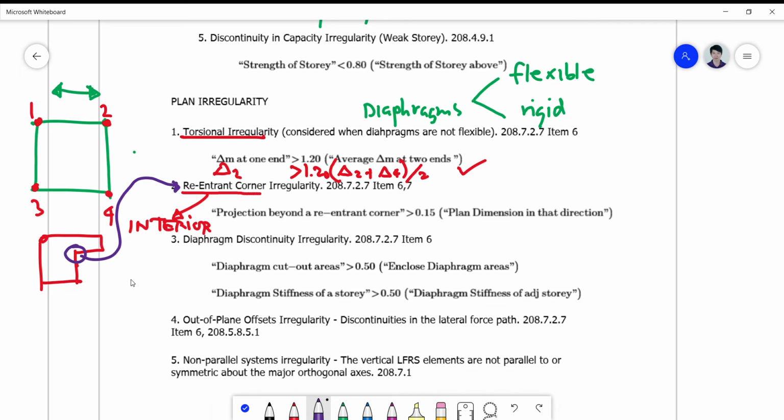When you build a building that is simple, symmetric, with no discontinuity, then that is the most durable building in terms of earthquake. Also, a saying goes, simplicity is beauty, so you might as well consider that in earthquake engineering.